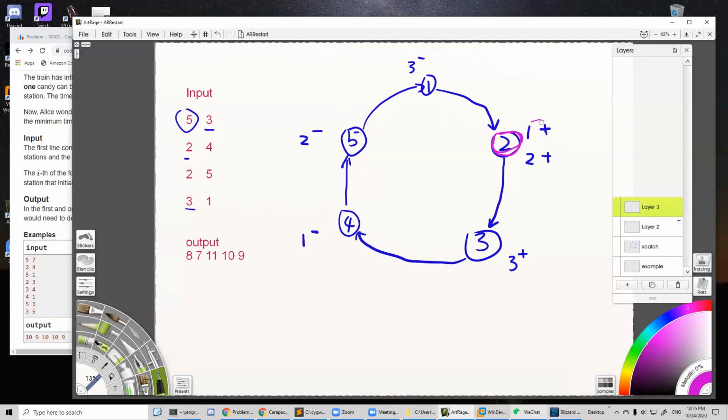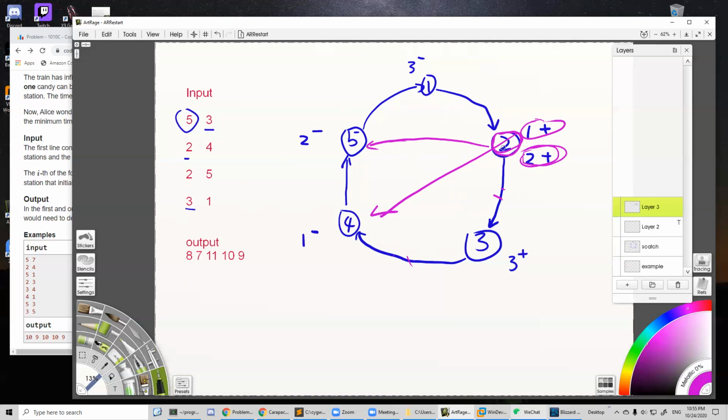If we want to move candy number one, we need to cover two distance. If we choose to move candy number two, we need to cover three distance. So obviously we want to move candy number two first.